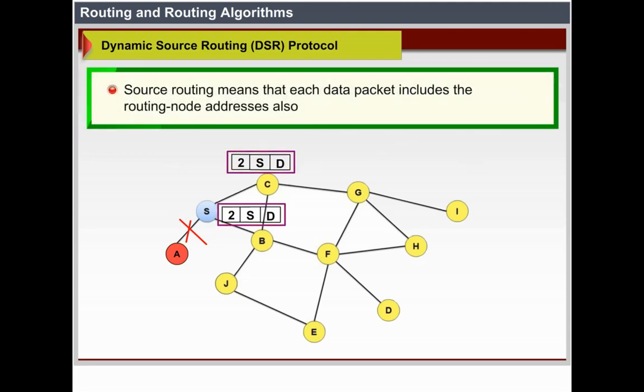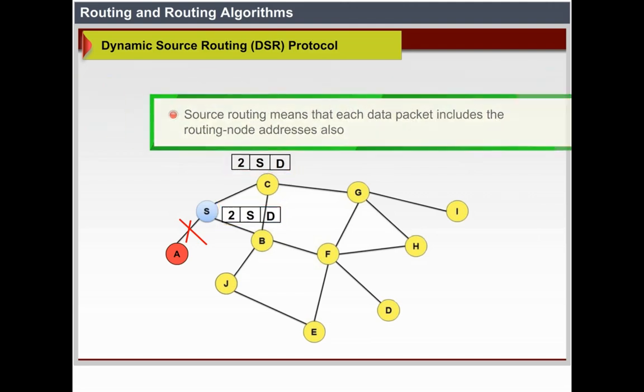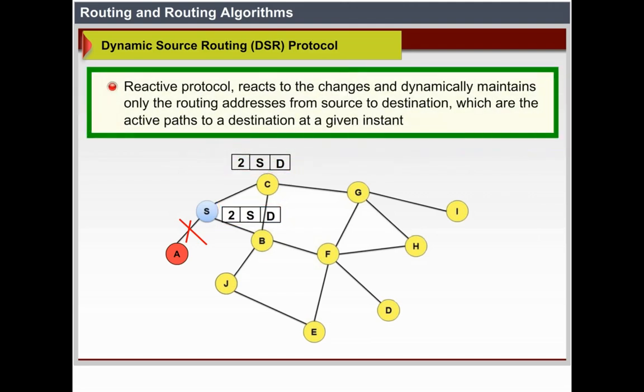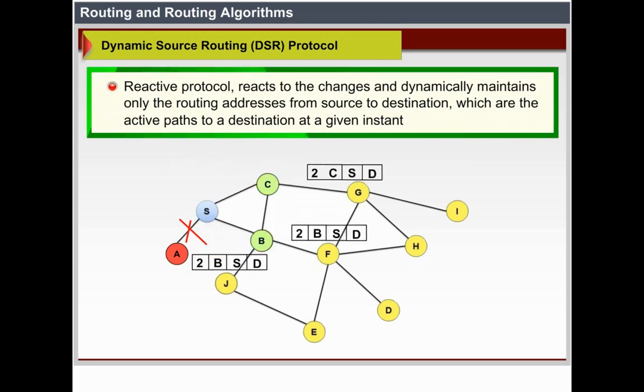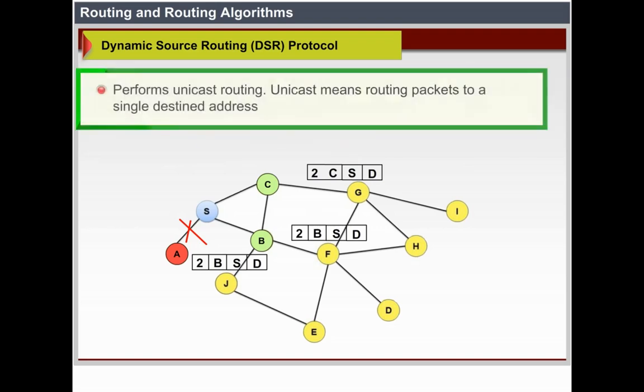Source routing means that each data packet includes the routing node addresses also. Reactive protocol reacts to the changes and dynamically maintains only the routing addresses from source to destination, which are the active paths to a destination at a given instant.